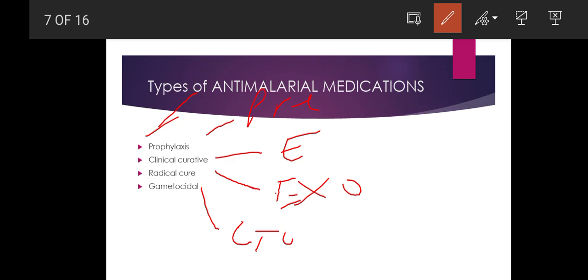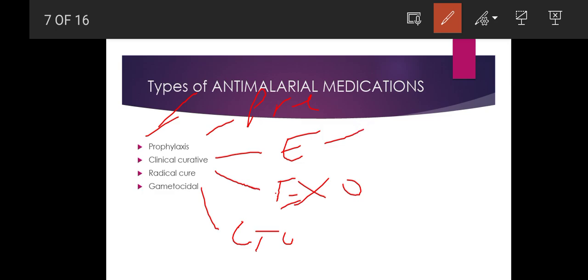Now, if another patient is in the hospital showing the signs and symptoms of malaria, and he meets the doctor, what the doctor will prescribe is the clinical curative. Clinical curative is responsible for preventing the rupturing of red blood cells.